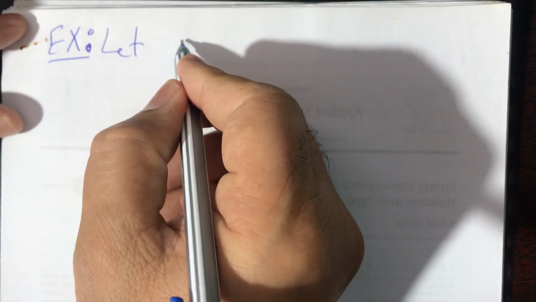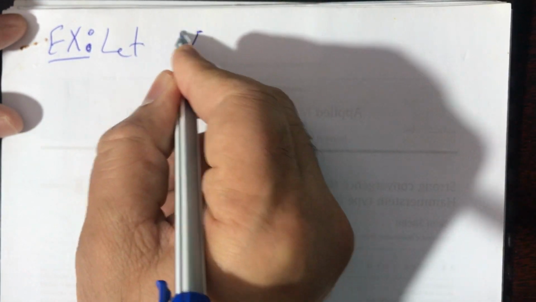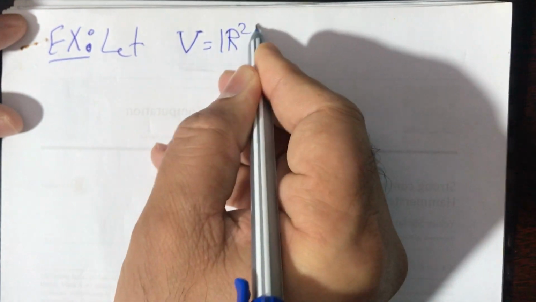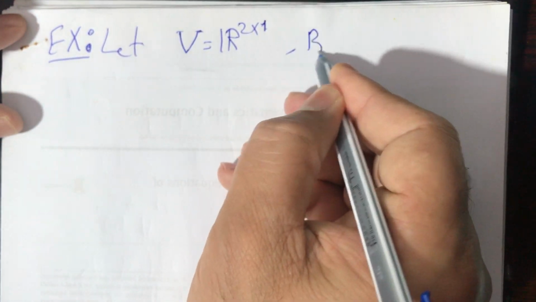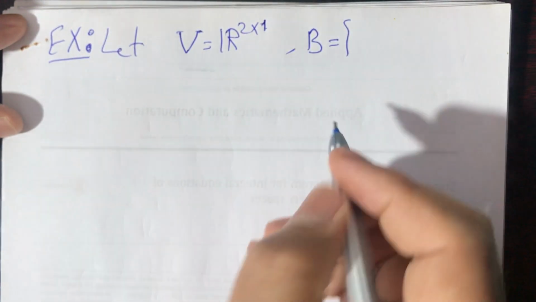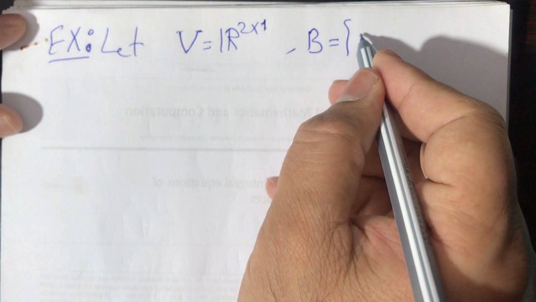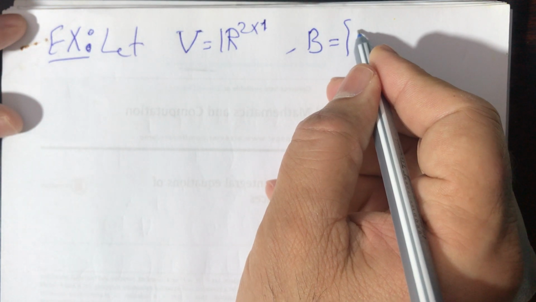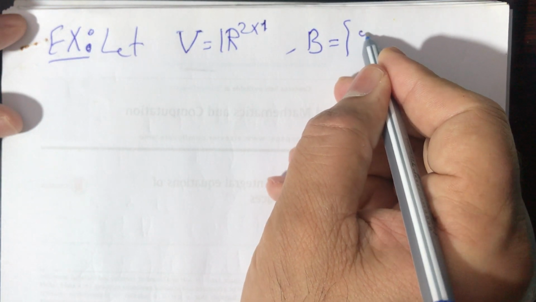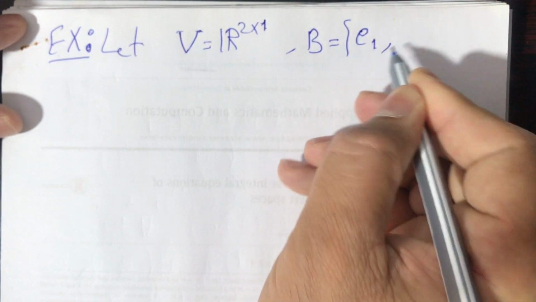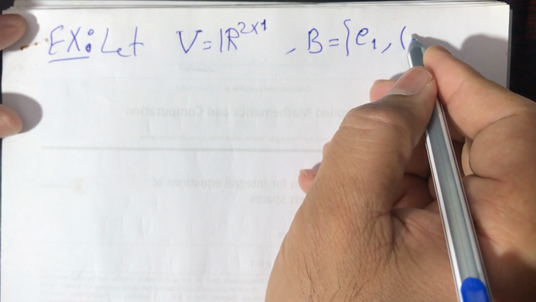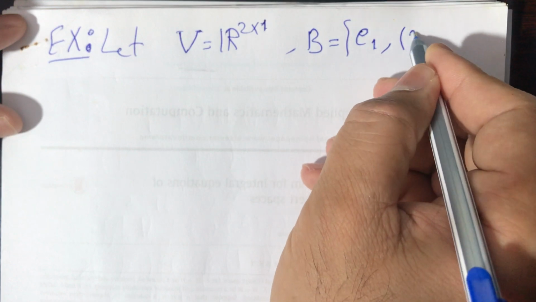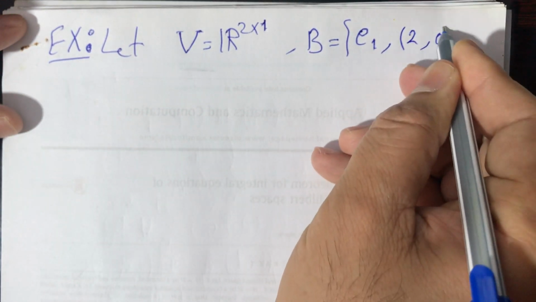Let V is equal to R2 times 1, this is a vector space, and B is equal to E1 and 2, 0.